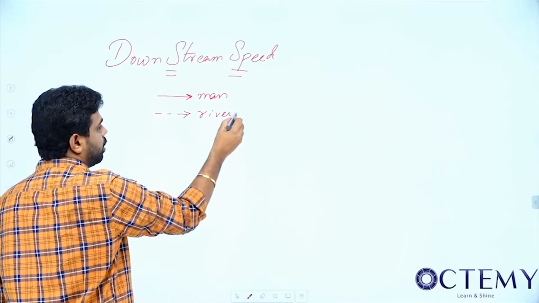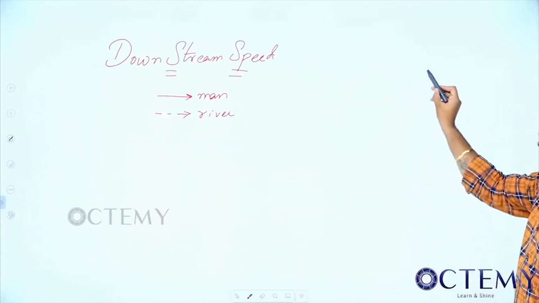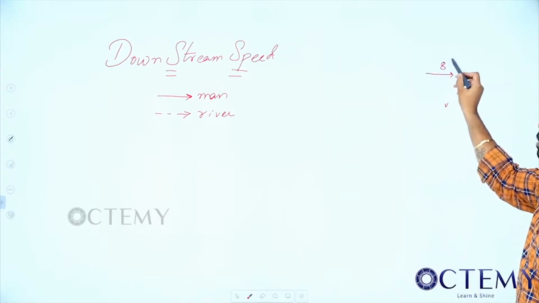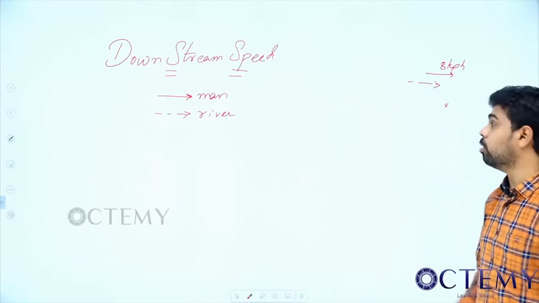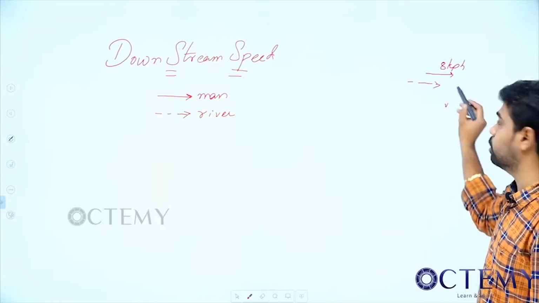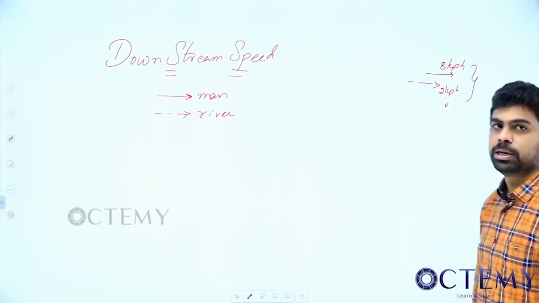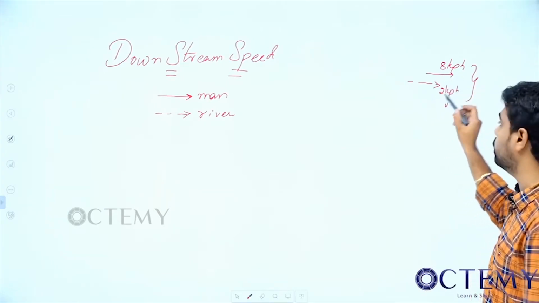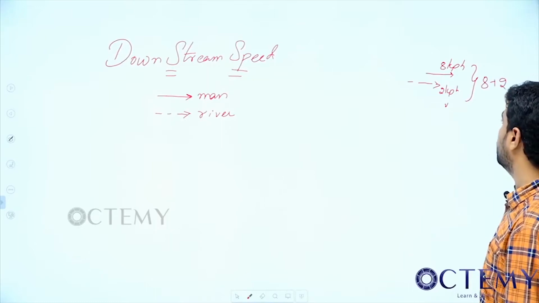Suppose you are going on a cycle like this with 8 km per hour, and wind is also blowing in this direction with 2 km per hour. Wind will push you. Your speed will become 8 plus 2.